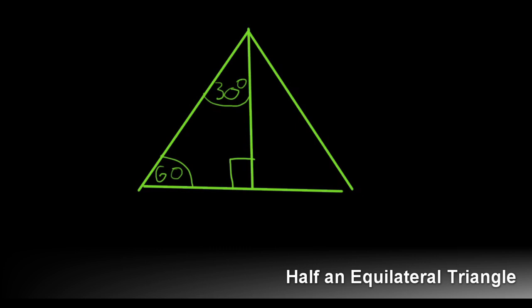So if the hypotenuse, this side here, is twice as long as the side opposite the 30-degree angle, in this case this side, so if the length of this side here is double the length of this side, then you know that the triangle is half an equilateral triangle.